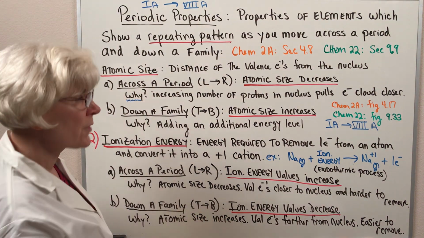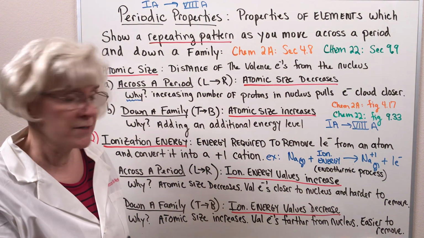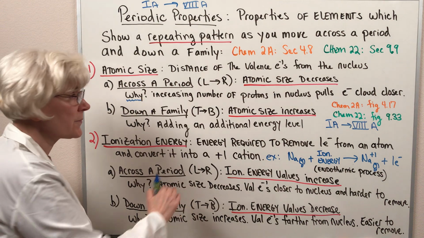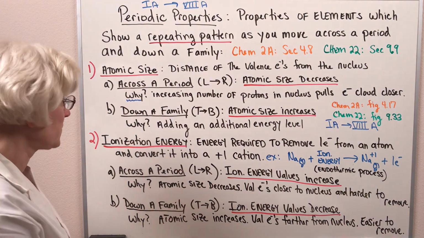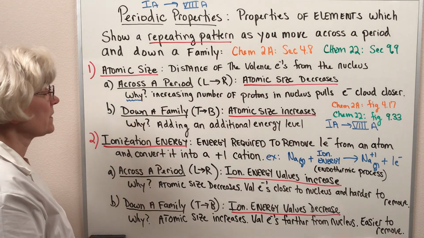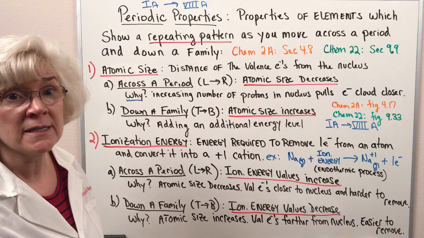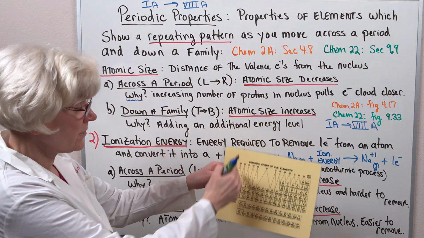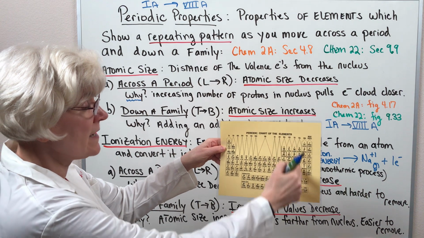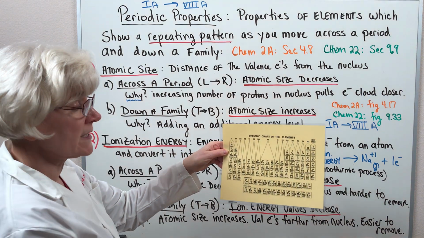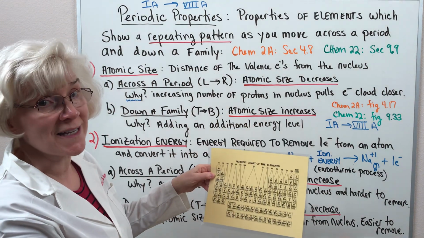That's the only property that you kind of have to puzzle with a little bit to understand. All of the other properties are intuitive and make sense as you think about it. For example, what happens to atomic size as you go down a family top to bottom? Well, if you look at the figure, it's clear that as you go down any A-member family, top to bottom, the atomic size is increasing.